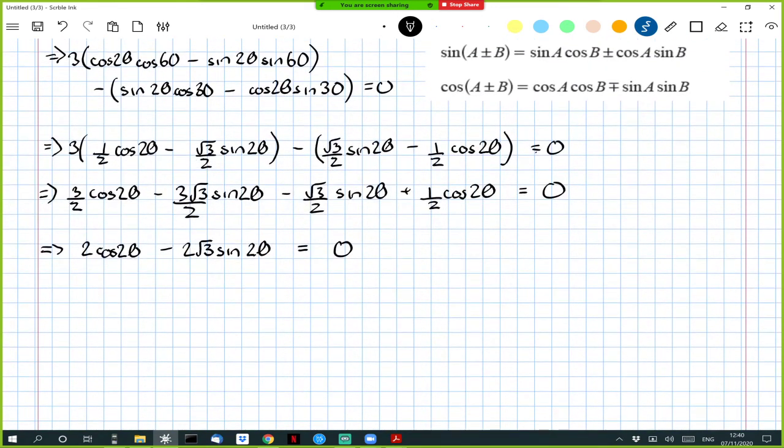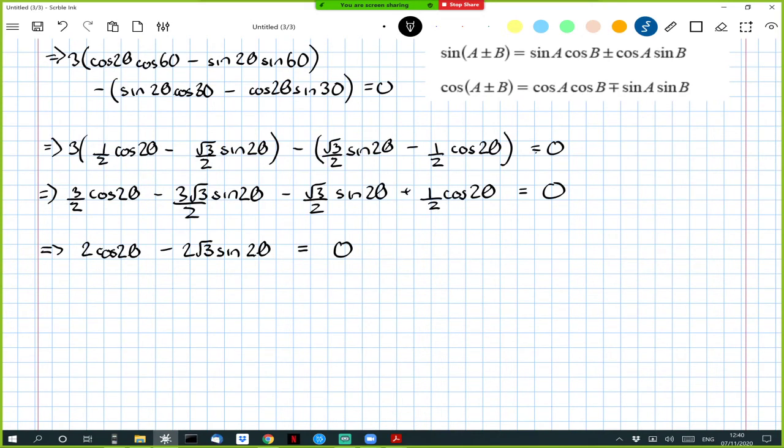And again, it's one of those that's going to boil down to tan. So if I divide everything now by cos of 2 theta, I get 2 minus 2 root 3 tan of 2 theta equals 0.